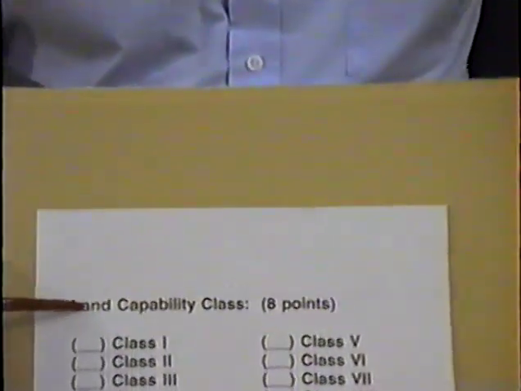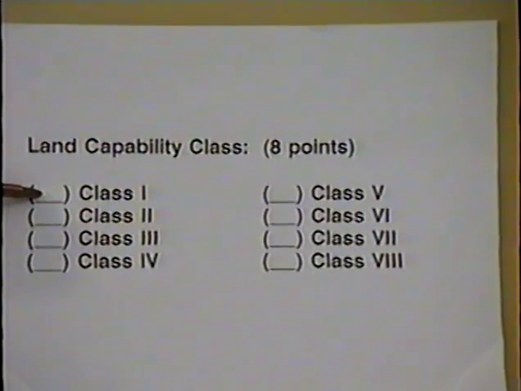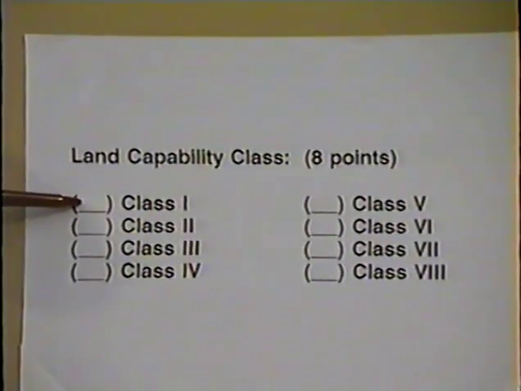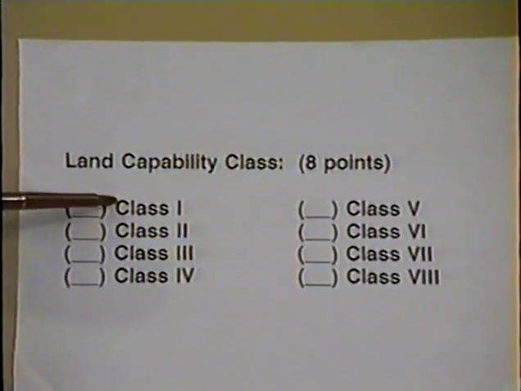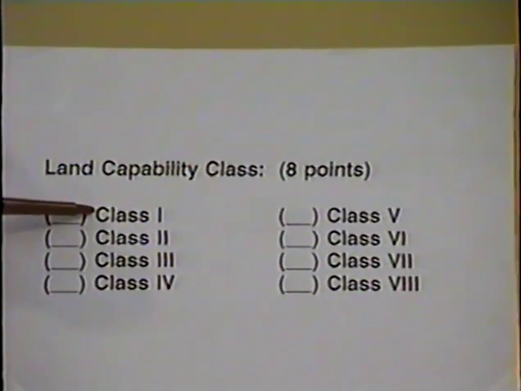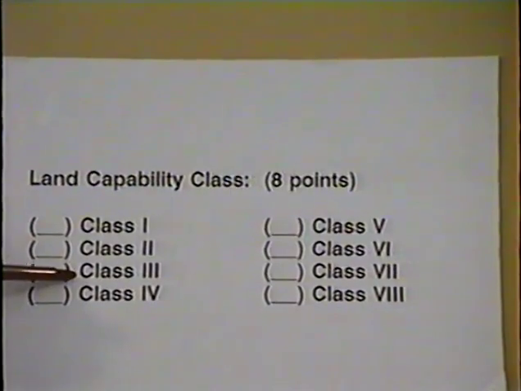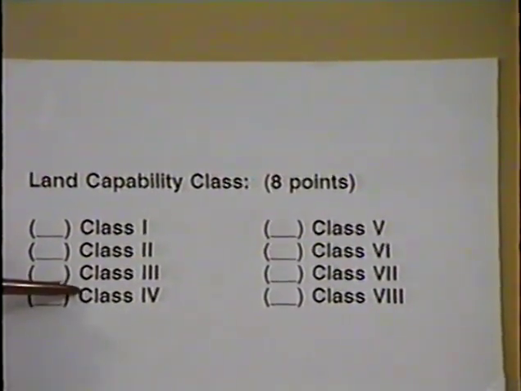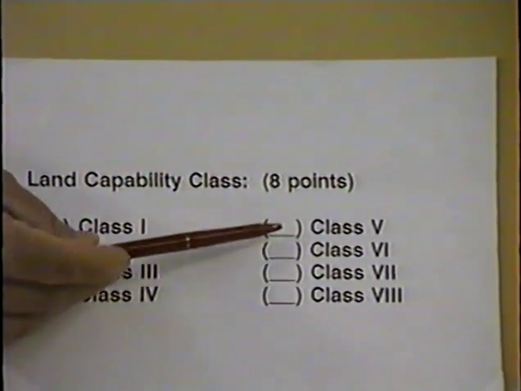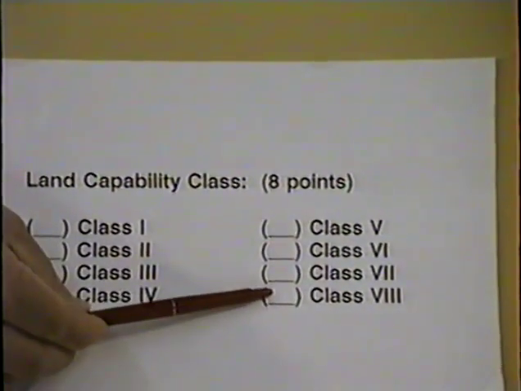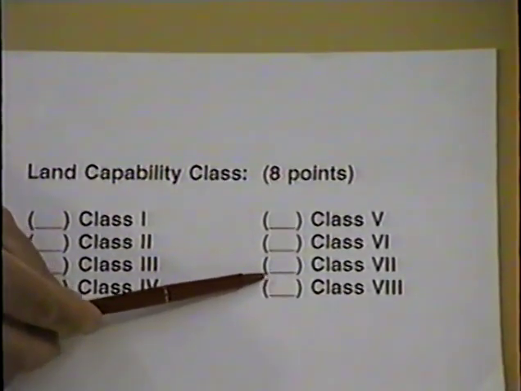The land capability classification is a system used extensively by the Soil Conservation Service to identify how good the land is for growing crops, irrigated crops in this case. Class 1 would be no problems, excellent land. Class 2 would be land that has some sort of a moderate problem. Class 3 has a severe problem. Class 4, very severe. And classes 5 through 8 really are not even suitable for growing cultivated crops.